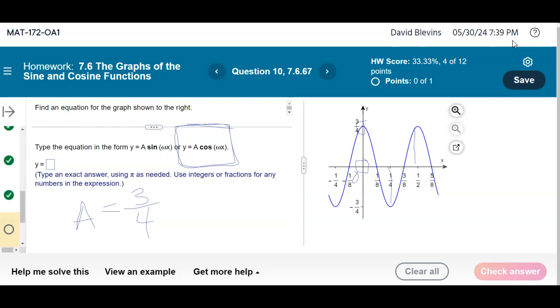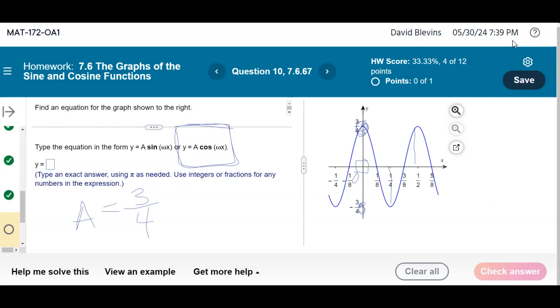All right, and it's positive 3/4 because we are starting up at the top where typically cosine does. If it started down here and it looked like that, it started at its bottom and went up, then we would be looking at a negative 3/4. But because it's starting at its peak at 0, that's a positive cosine.